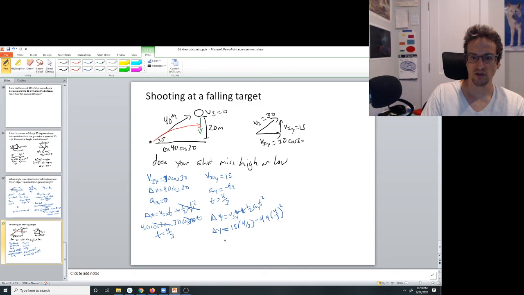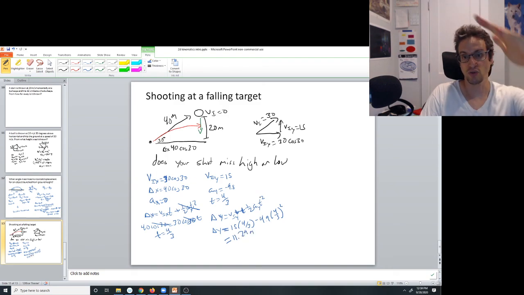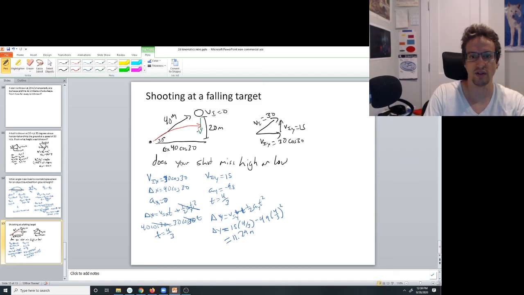And between those two things, I get a displacement of 11.29 meters. So it doesn't hit 20 meters, it hits a little over halfway up there. When it gets through here, this height is 11.29.